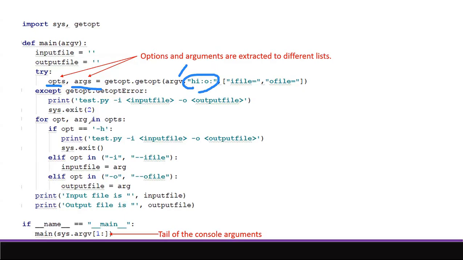Basically you get these, and then you will store all the options in options, and the option arguments in args. Okay, and then you do analysis. Okay, anyway, this is similar to C language, but you have to understand it. Okay, try to understand it.